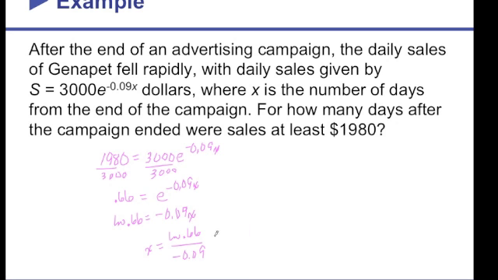And when I use my calculator, it comes out to 4.6168 days. So it was at least $1,980 for 4 days, because by the 5th day, it's under that.